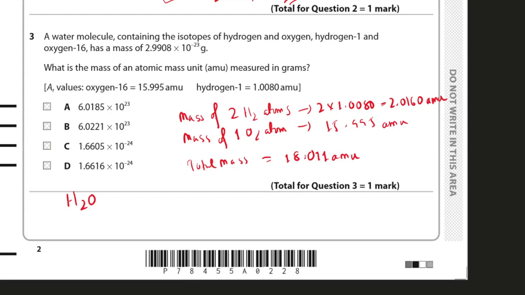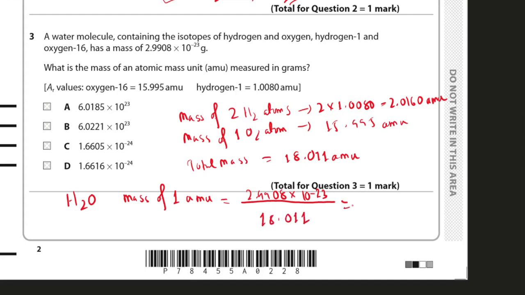So now that you've got the total mass, what they say here is that the mass of a water molecule in grams is about 2.9908 times 10 to the minus 23. So if you want to find the mass of one AMU, what you need to do is divide the mass provided in grams right here, 2.9908 times 10 to the power minus 23, by the one that you just got down here, which is 18.011.